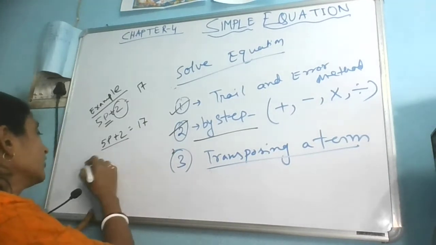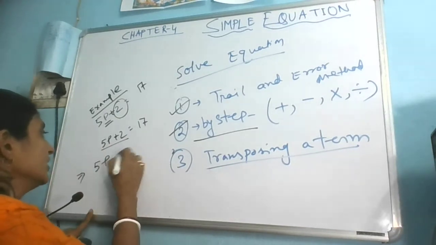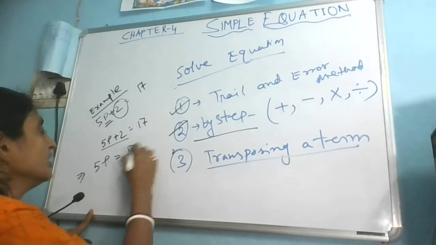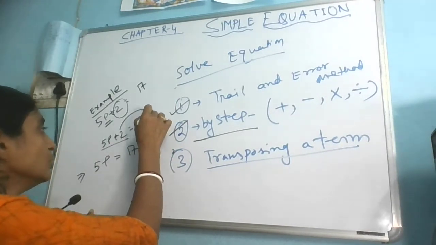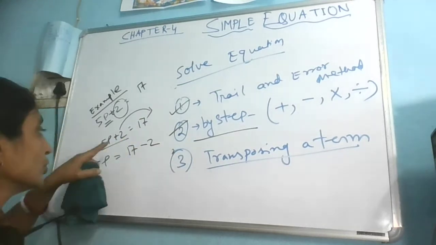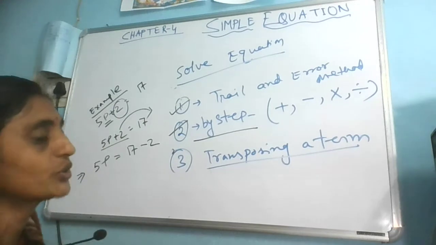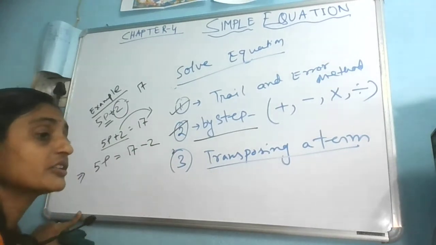So here I will transpose 2. So in the next step, I will write equal to 17 minus 2. What I have done here, I have transferred this 2 to the right hand side. It went from the left hand side to the right hand side. So as it is moving from the left hand side to the right hand side, its sign will be changed. This process is called transposing.